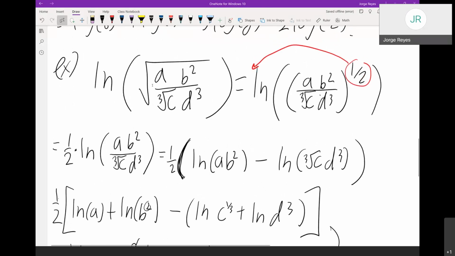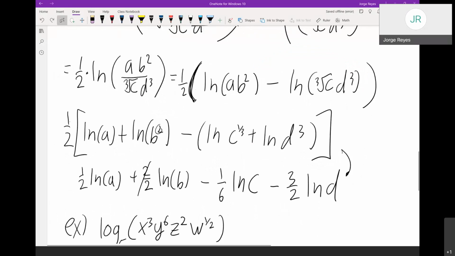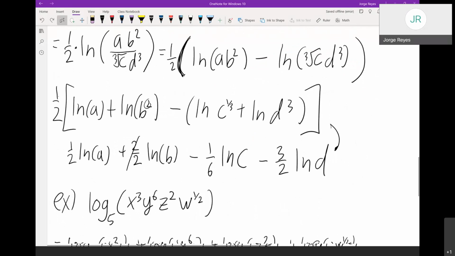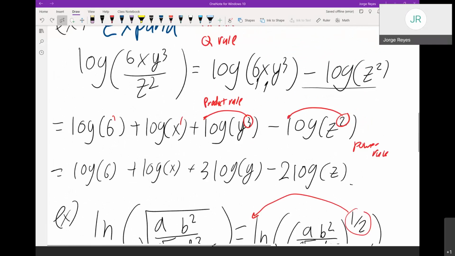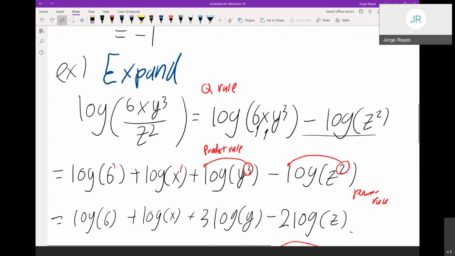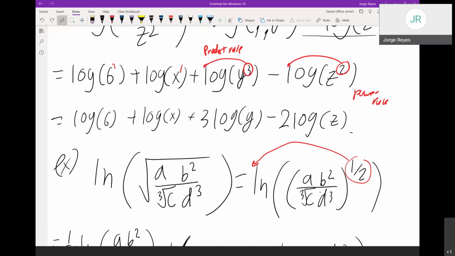You should be able to break these into their own little parts and see. But still, you should show your work. Okay, very important. So this is expand. Expand questions are I give you one log with a whole bunch of things on the inside, and you have to make a lot of logs with only one thing on the inside.